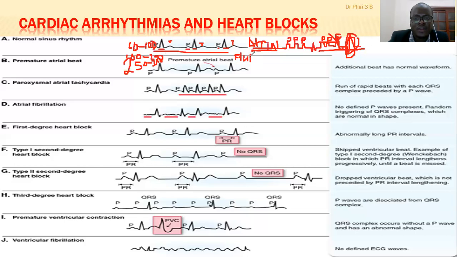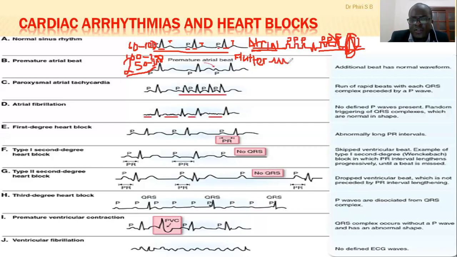Atrial flutter. In atrial flutter, the way you look at the ECG is different. Here, because the firing of action potentials has increased to 250 to 300, you won't appreciate the P wave so much. There will be a lot of them forming like that.